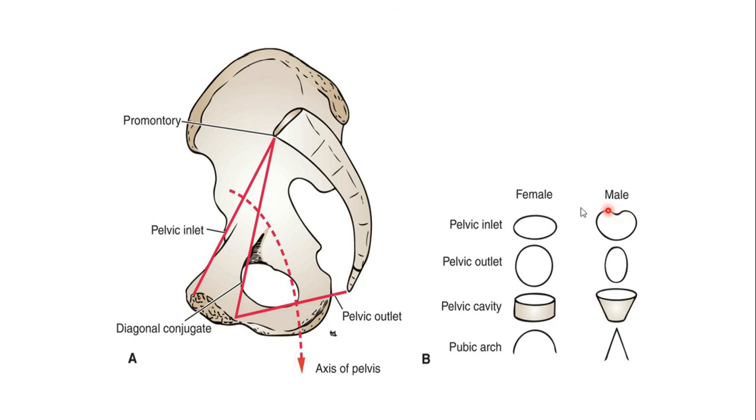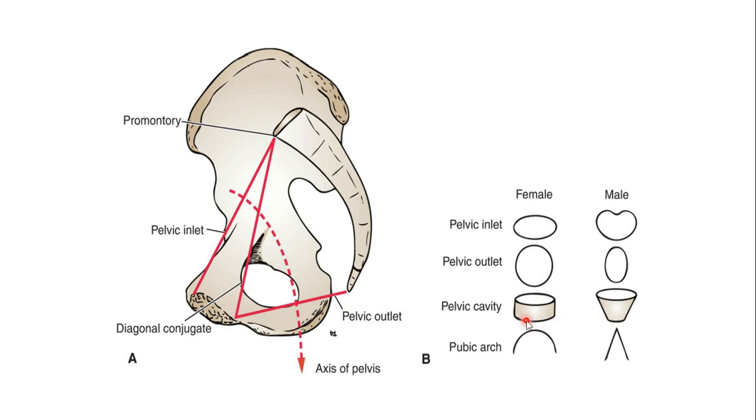Next is the pelvic outlet. The pelvic outlet is larger in the female than in the male. Again, the pelvic outlet is larger in the female than in males. The ischial spines are everted in the female but inverted in the male. Aside from that, we also have the pelvic cavity.